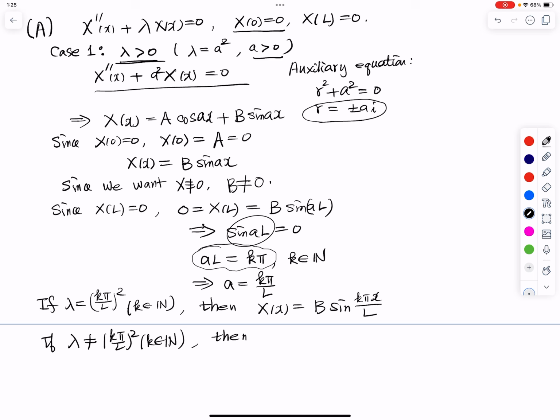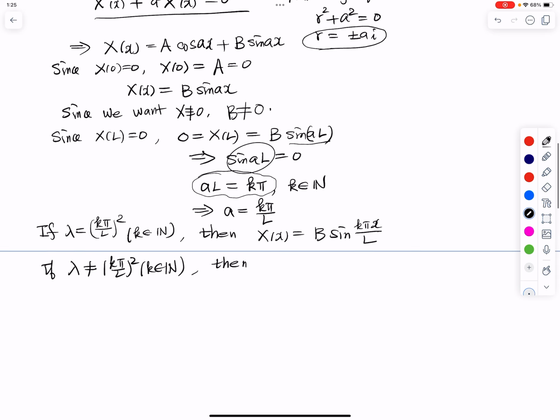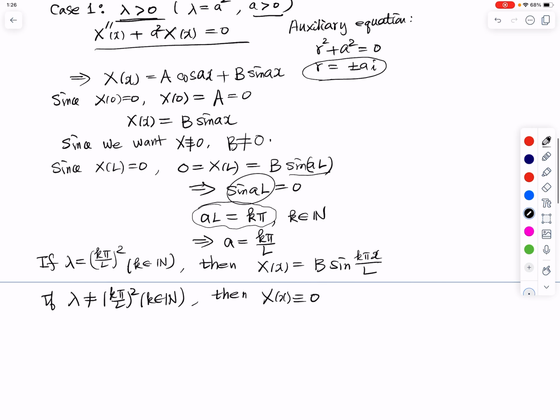That is a contradiction. So in this case X(x) should be 0. Or if I assume X is non-zero, b is non-zero, then there's a contradiction.